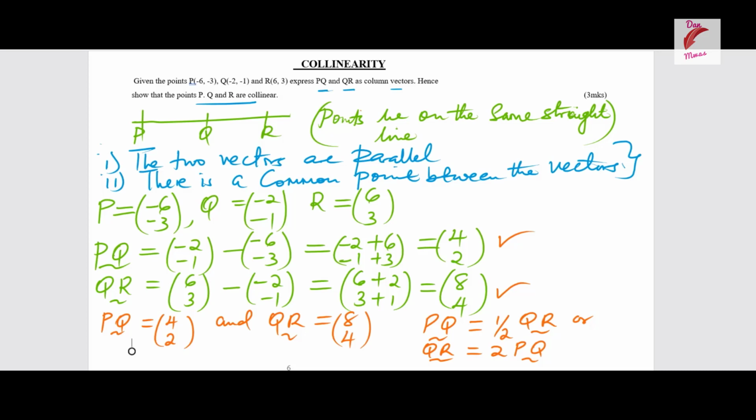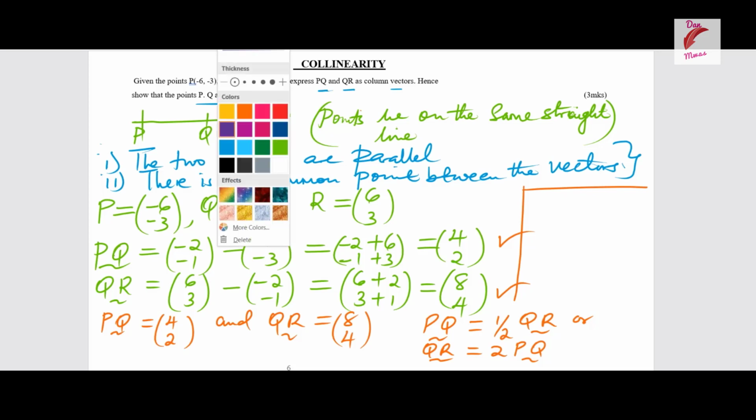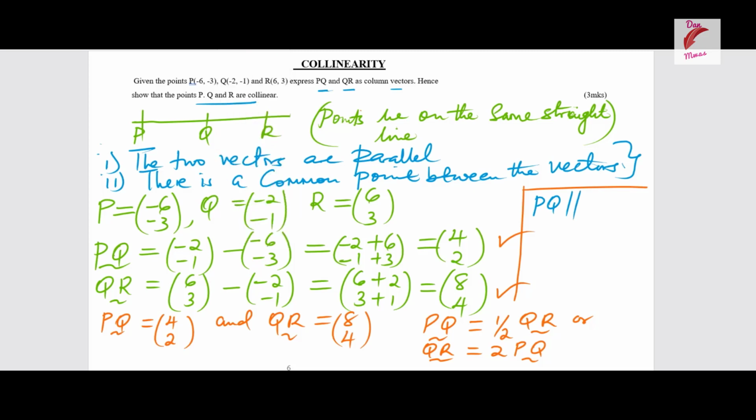That is one condition. So condition number 1, we have shown that PQ is parallel to QR by showing that there is a scalar that exists between the two.